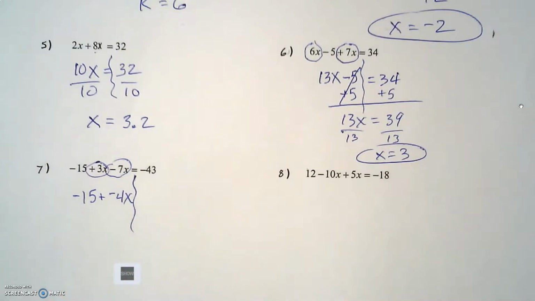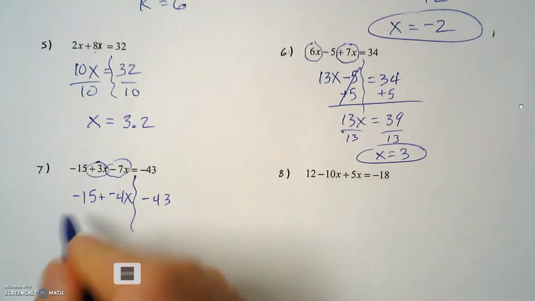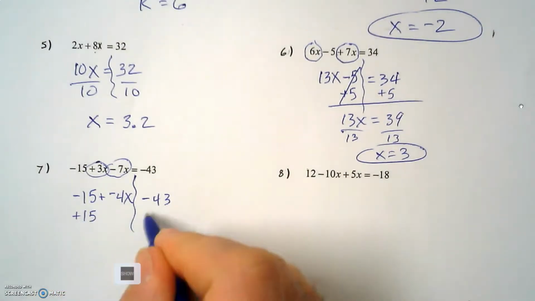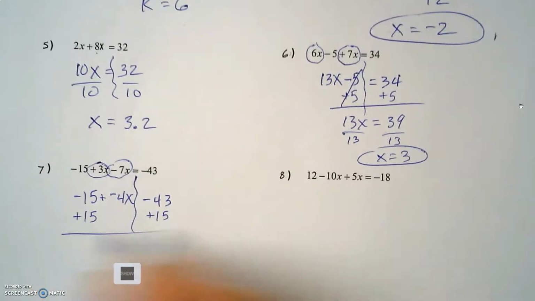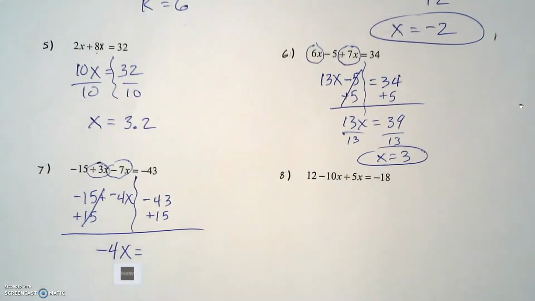I could have just written minus 4x or plus negative 4x. It's the same thing. Bring down the negative 43. Add 15 to both sides. That cancels. Negative 4x comes down. And when I add these two, I get negative 28.